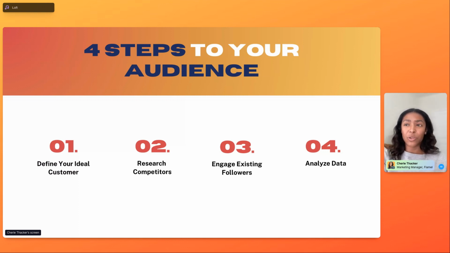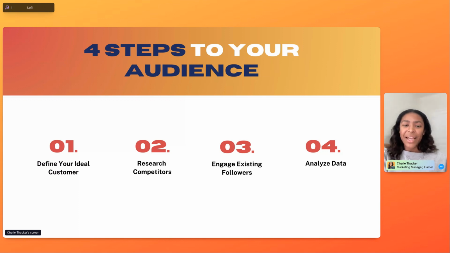Having that social listening is a great source for you to build that connection with your audience because you're creating content for them. If they're not engaging with your content, then you're not doing something right.